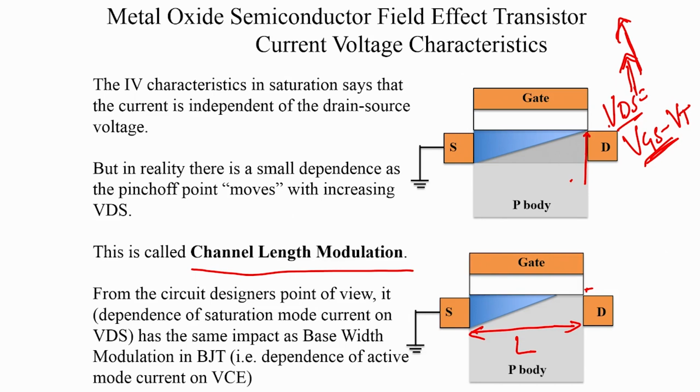Now, from the point of view of a circuit designer, this channel length modulation in a MOSFET has an equivalent. If you remember, in the case of a BJT, we had the base width modulation. You had your BJT operating in active mode, and in active mode your VC was not supposed to influence the current a lot, but even then we saw that the VC does influence the current because the width of the base changes, because the depletion thicknesses change.